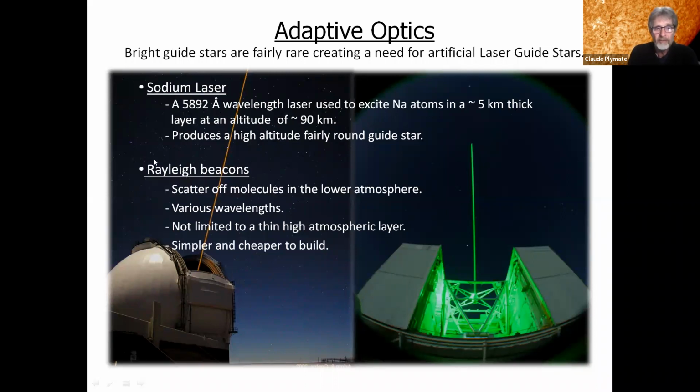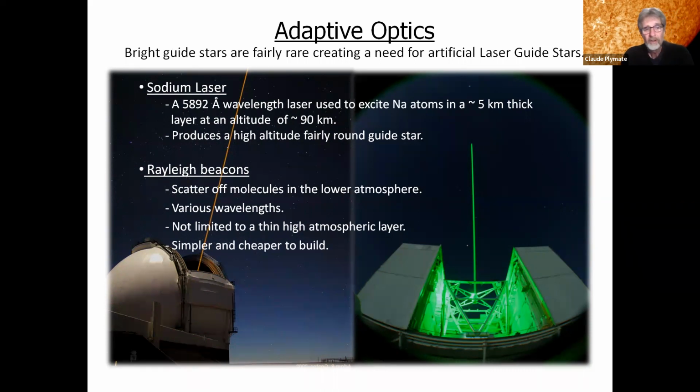The other type of laser system is called a Rayleigh beacon. And it just scatters off particulate in the atmosphere, which of course samples or biases towards the thicker lower atmosphere, and so does not integrate through the entire atmosphere equally, which makes it inferior in that regard.